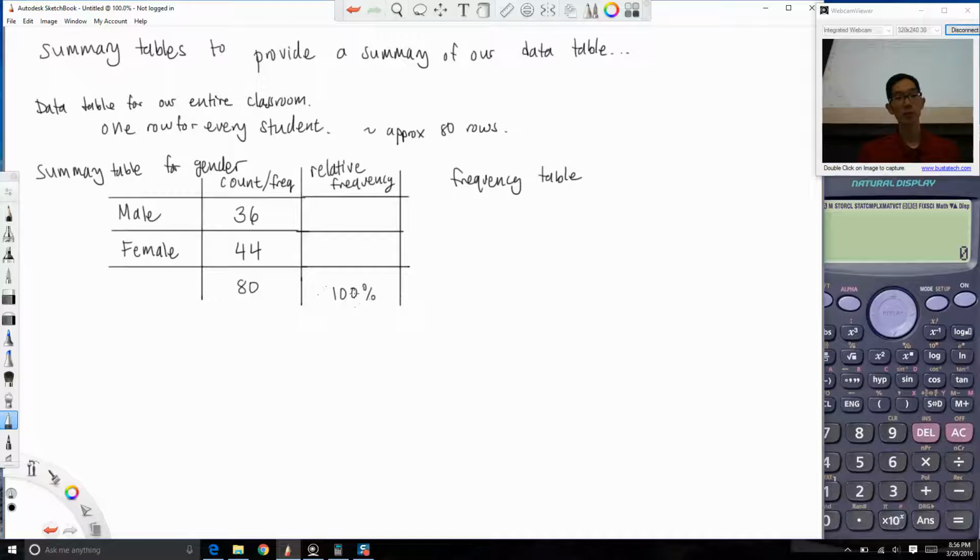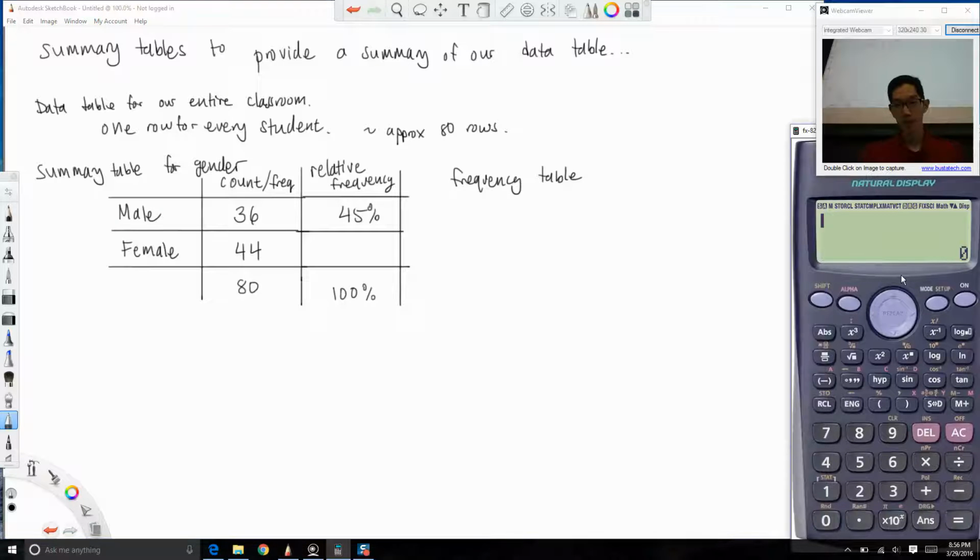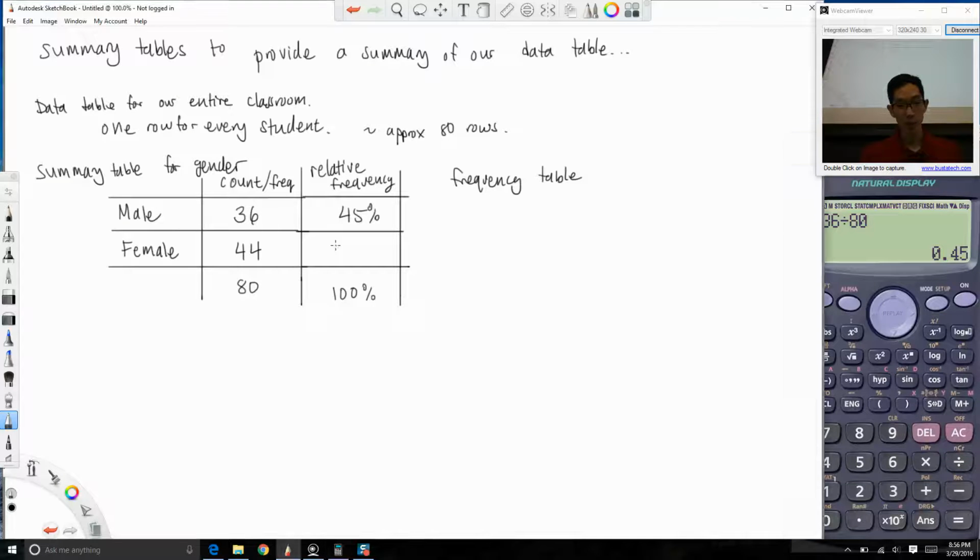If I'm going to have 100% at the bottom, what do I do? 36 divided by 80. Okay, and I would get what? 45%, right? So you can do 36 divided by 80, and it would give you 0.45, and we know that's 45%. And so over here, if everything has to add up to 100%, we know this is going to be 55%.